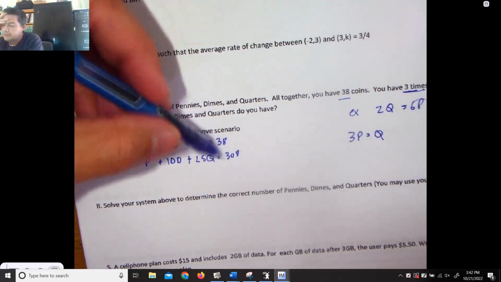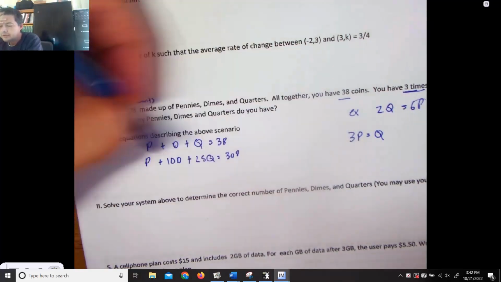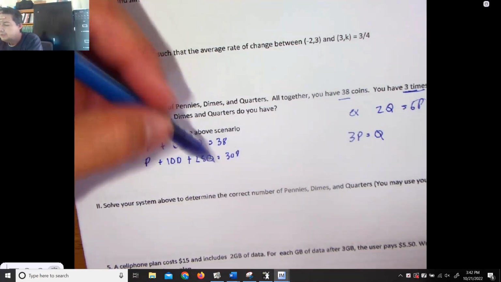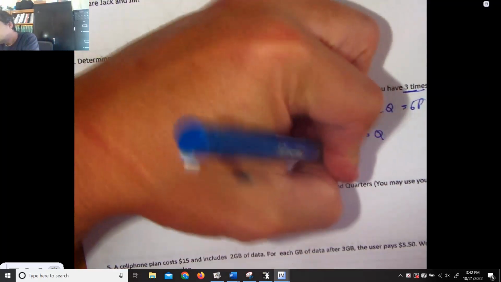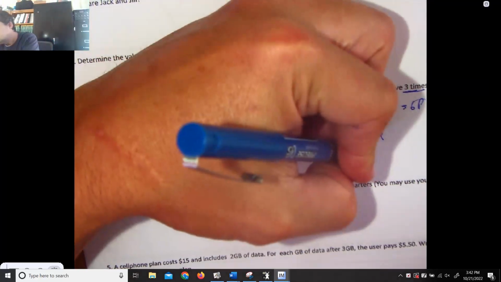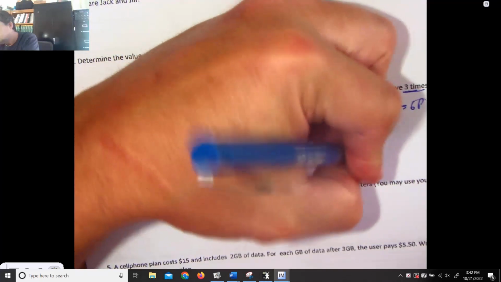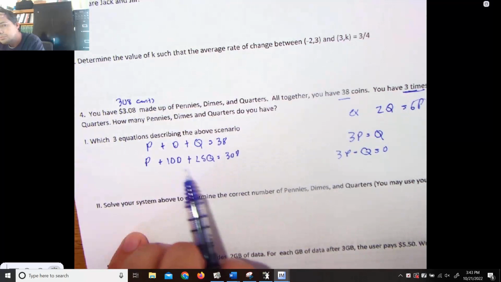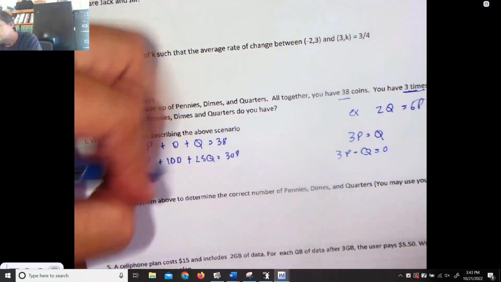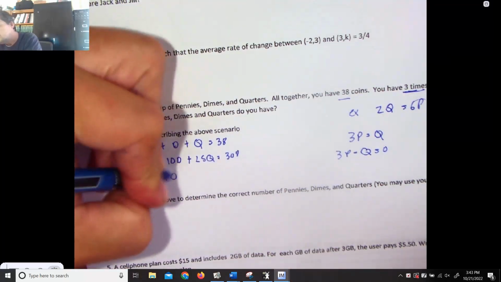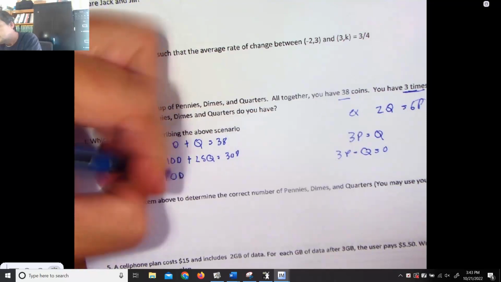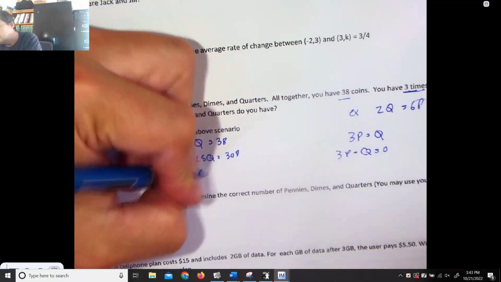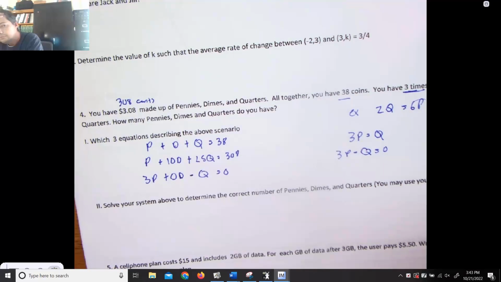Now, when I come over here, I've got to take that thing and manipulate it. Notice how I have PDQ, PDQ. So I'm going to have to subtract the Q, to be equal to 0. And because I'm going to use a TI-84 in here, I have to actually introduce a placeholder for dimes. So 3P plus no dimes minus a quarter is 0.